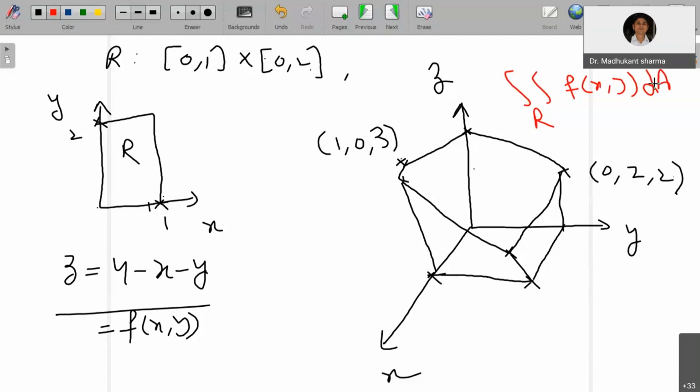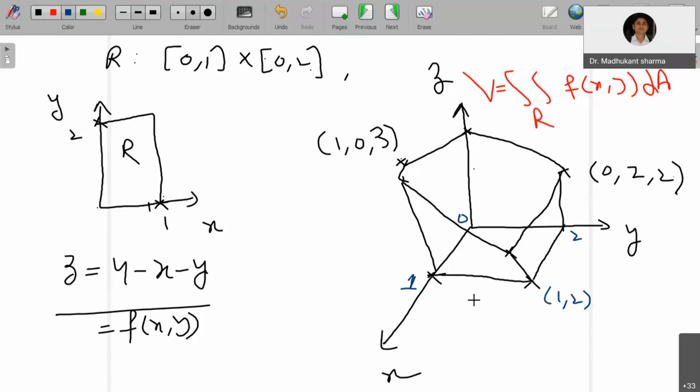There are various ways to look into this problem. We are interested in finding this volume. Here y is 0 to 2 and x is 0 to 1, so this is the point 1 comma 2.